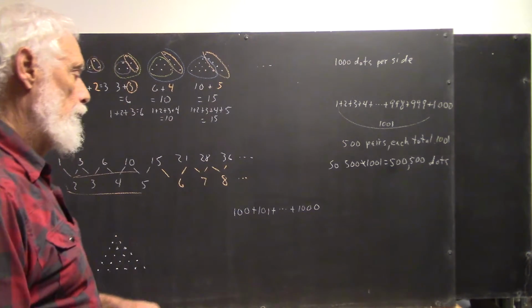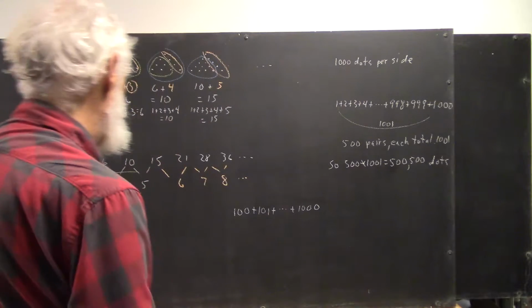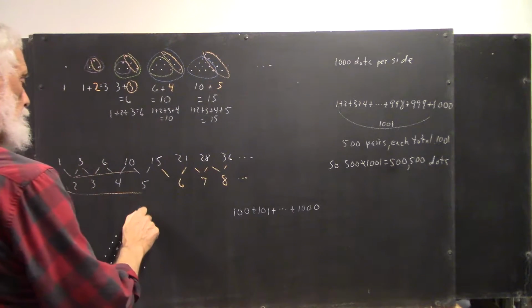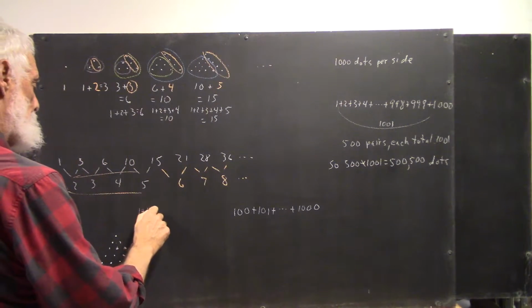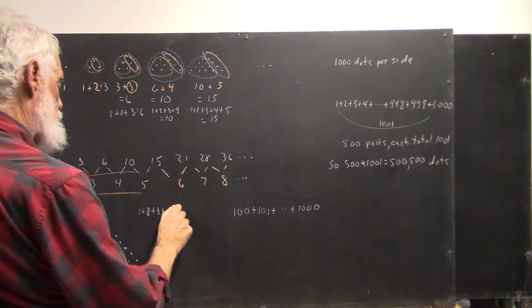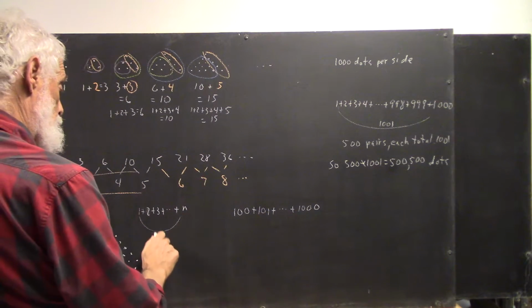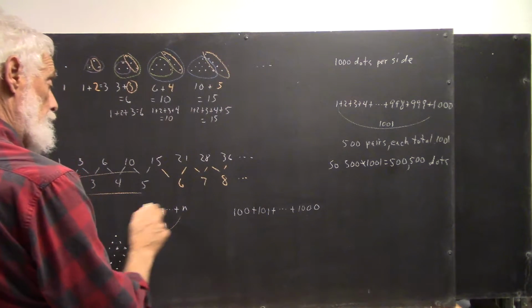Now what do we get if we add the numbers from 100 to 1,000? Okay, well, first of all, we know that if we add the numbers from 1 to n, we have n plus 1 in each pair.